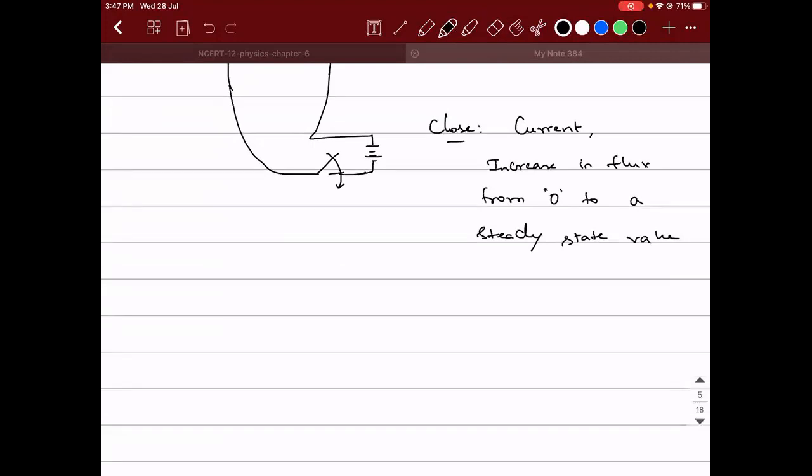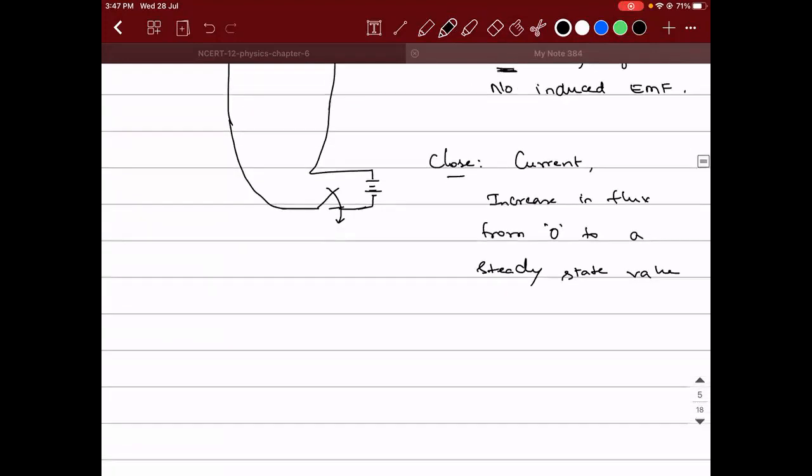Increase in flux is going to happen, after which there will be an EMF induced. Yes or no, guys? Right? This induced EMF is going to last for a very short duration. Right? Hence, can I say that there is an EMF induced due to its own current? Guys, are you able to understand what I'm trying to say?